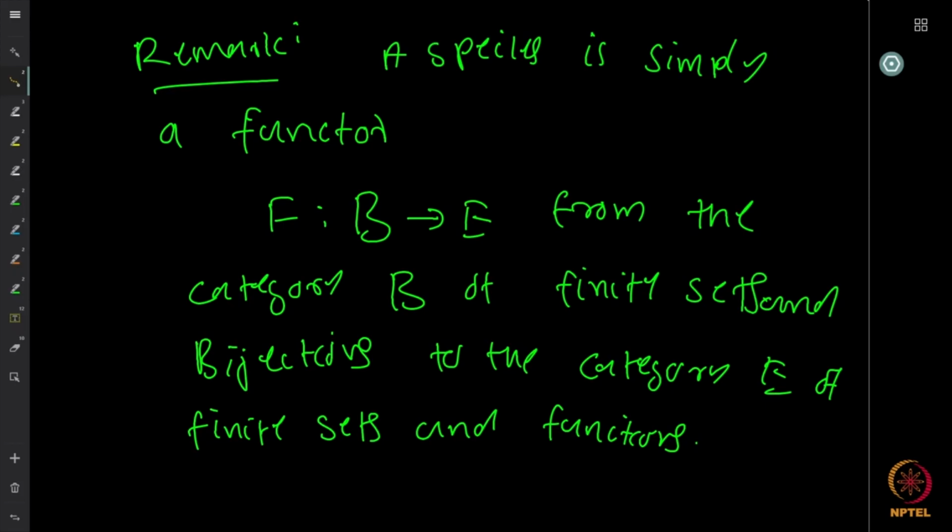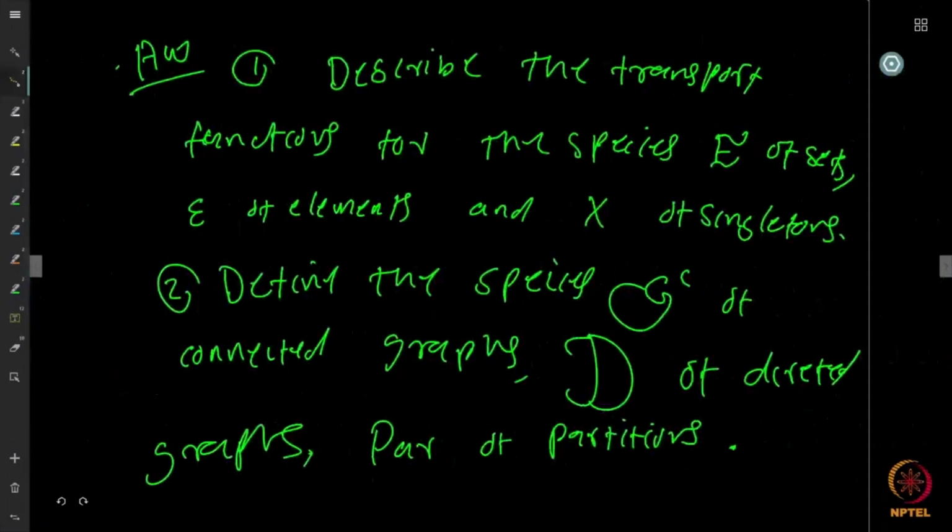We are not going into category theory because to even define all these things it will take time, and we don't have that time. So if you are not familiar with that, just forget about it. Just a remark: the species is just a functor from the category of finite sets and bijections to the category of finite sets and functions.